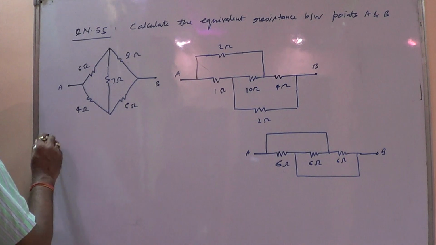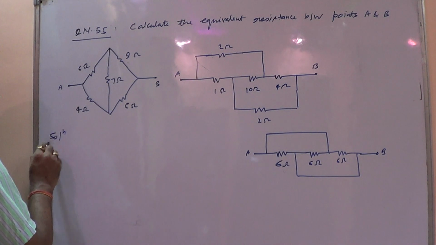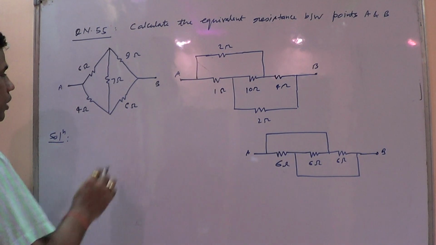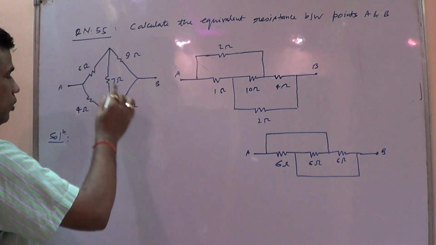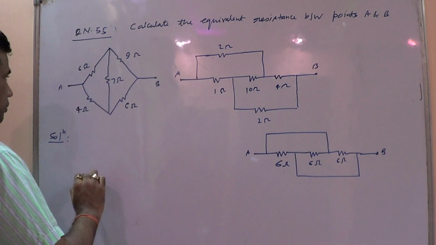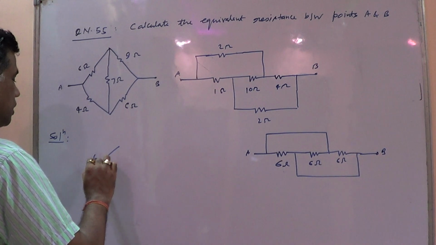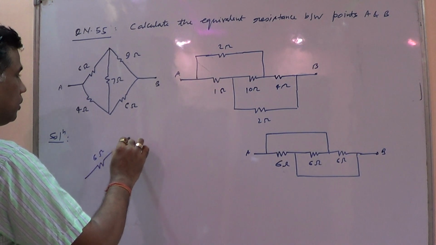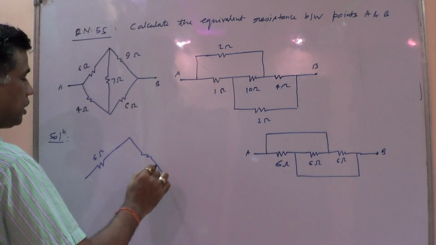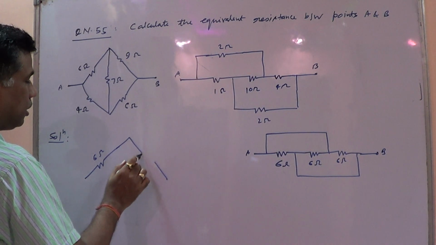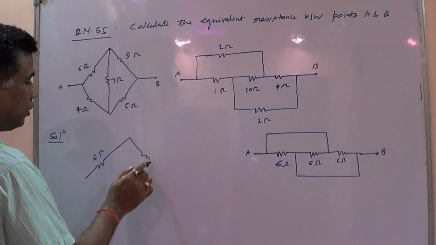To solve this problem, I would like to make this diagram once again. See, student, this resistance is 6 ohm. This resistance has value 9 ohm.